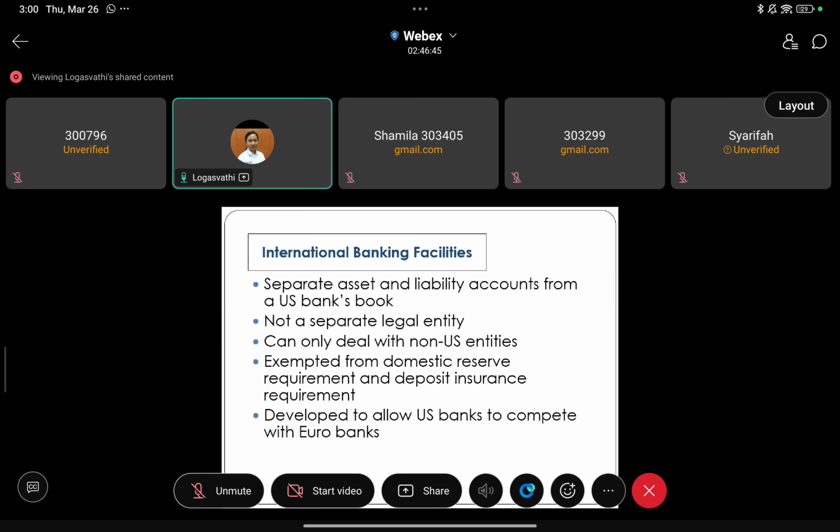They deal with non-US customers, and these international banking facilities were developed in order for local US banks to compete with the Euro banks. They are exempted from local reserve requirements and deposit insurance requirements. So these are for non-US customers located in the US. That is international banking facilities in the US, not in other countries.